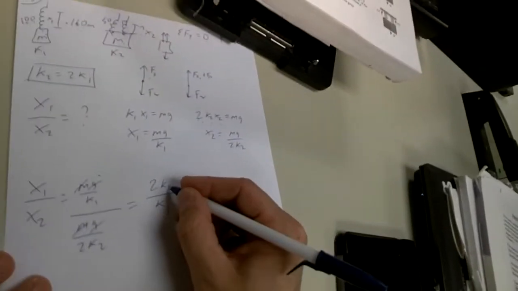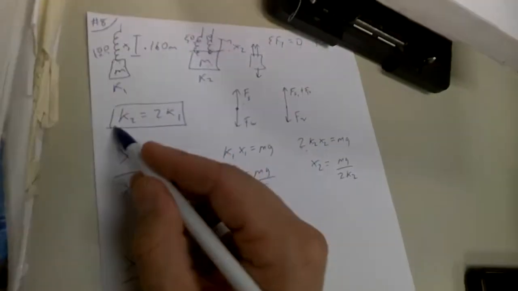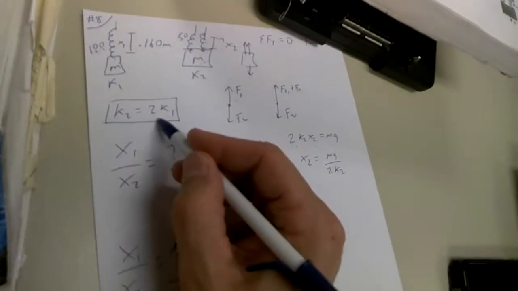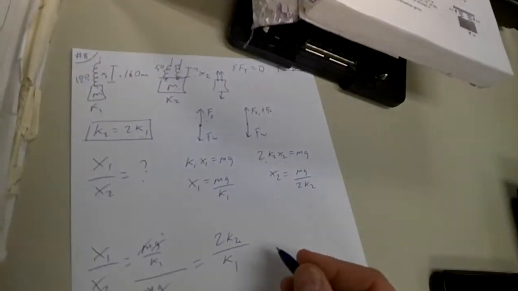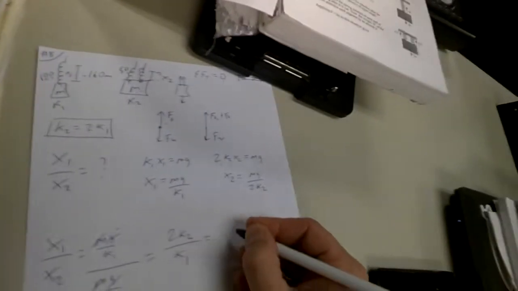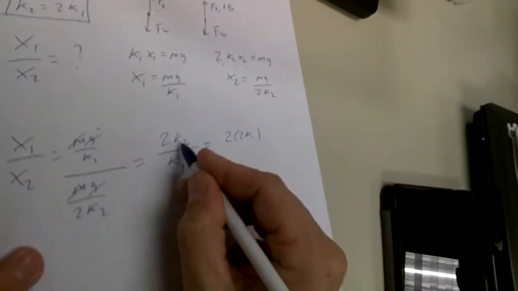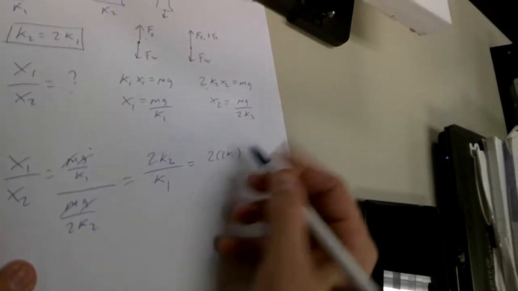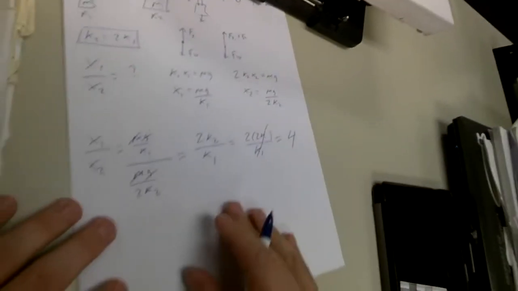Since the K1 and K2 didn't cancel, if I was stuck at this point, I'd have to go back, review conceptual example 2, and figure out the relationship between the spring constants. But we've already done that. So now I'll substitute in. For K2, I'll put in 2K1. It's 2K1 over K1. The K1s will cancel, and I get 4.